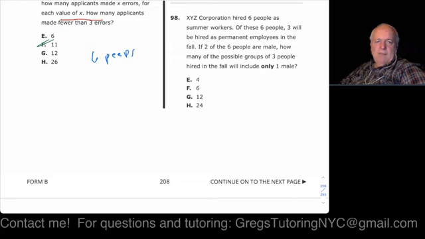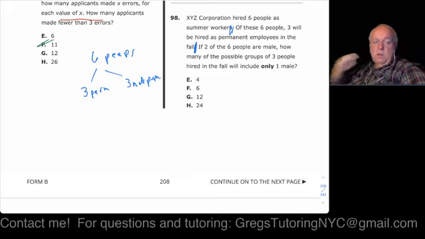So of the 6 people, 3 will be hired as permanent employees, which means 3 not permanent, in the fall. Okay, so we're done with those 2 sentences.